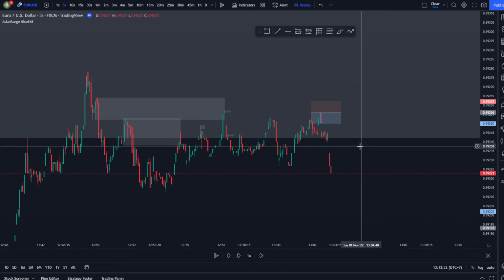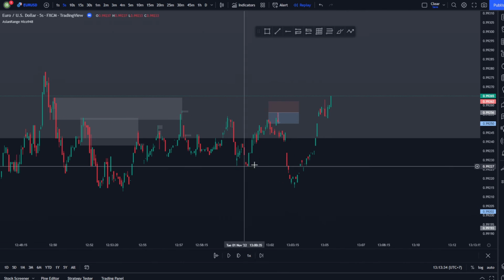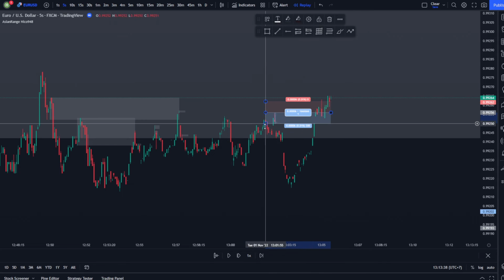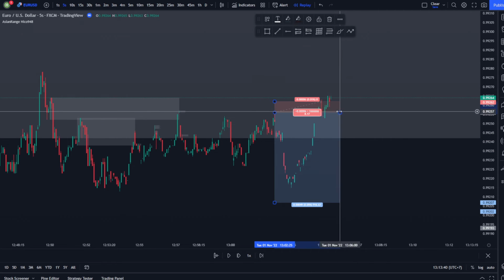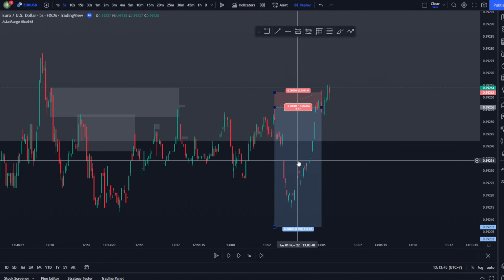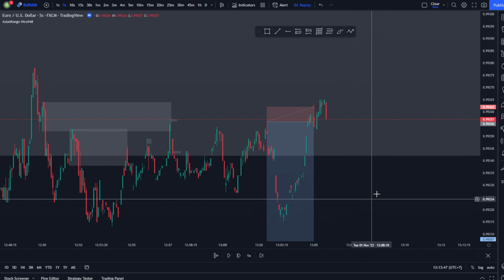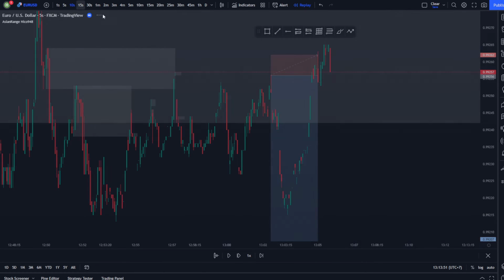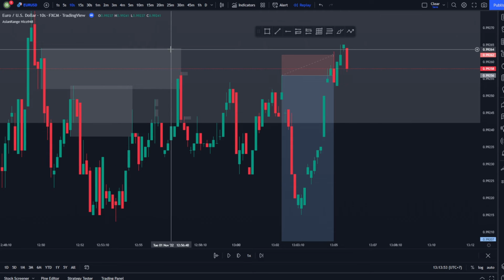Price gives me another break, and then I got a loss with this one. Yeah, this is the lost trade. Then we're going to move on. It makes sense.